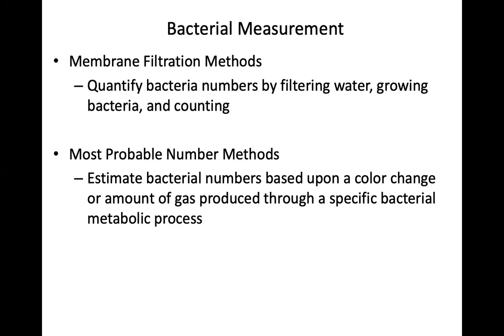You filter the water through the filter paper. Once you are done, then you put the filter paper on a media. Once they grow, then you can count the number of growth. That can give you a rough idea.